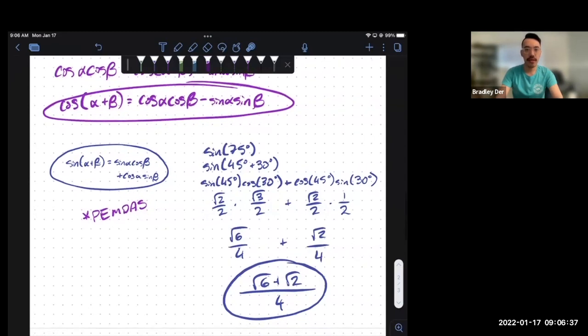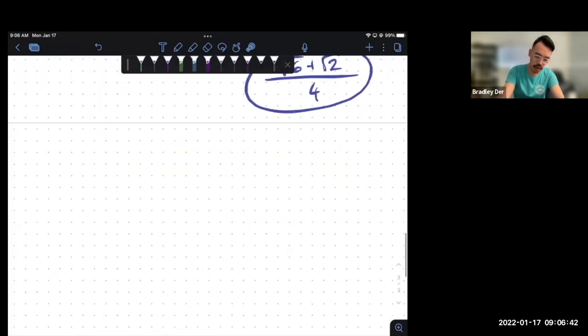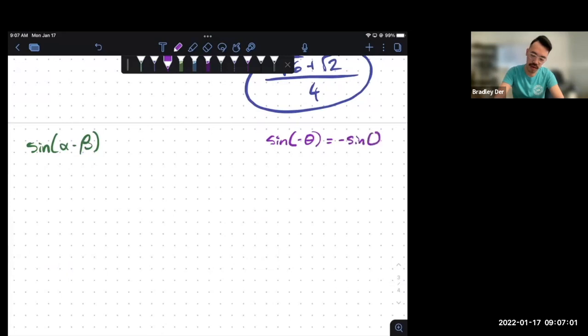All right, let's also talk about what happens if I wanted to, let's say, have the difference of an angle, right? Let's say I wanted sine of alpha minus beta. Well, we've seen already how the sine of negative theta is equal to negative sine theta. Or if that doesn't quite ring a bell, we could just draw something really quick.